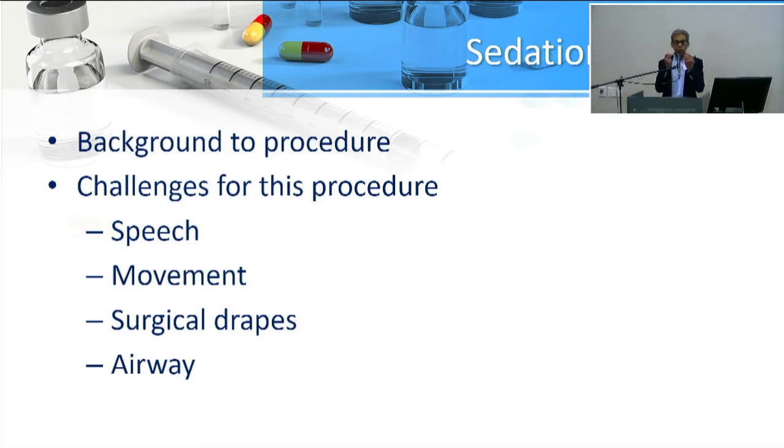And it also allowed me to use my nasal prongs for the oxygen and to monitor capnography. I think in this procedure, the most important monitor is the capnogram, because it's real time and I know my patient's breathing. So these were the challenges I faced.